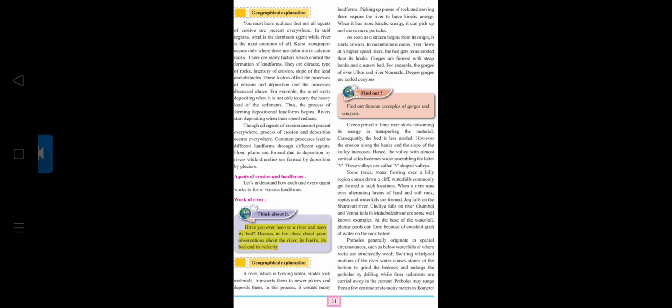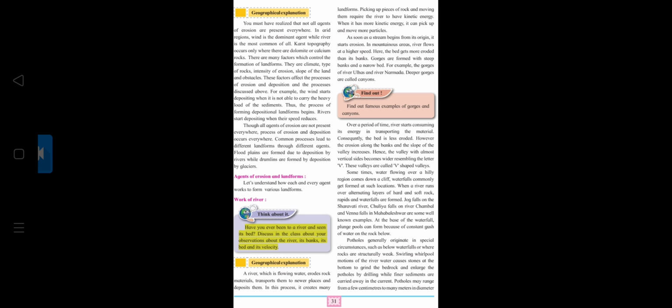These factors affect the process of erosion and deposition and the processes discussed above. For example, the wind starts depositing when it is not able to carry the heavy load of the sediments. We saw that heavy load cannot be carried. Thus, the process of forming depositional landforms begins. Rivers start depositing when their speed reduces.